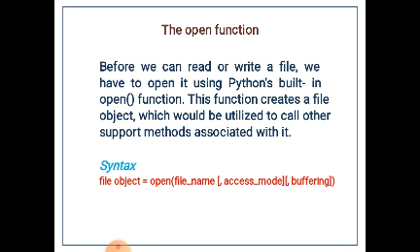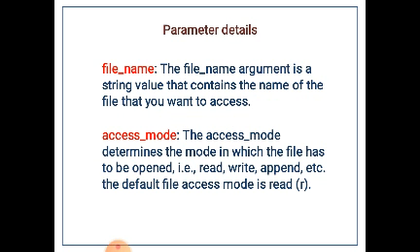Next one is the access mode. The access mode determines the mode in which the file has been opened. Whether we have opened the file for reading, for writing, or to edit it.